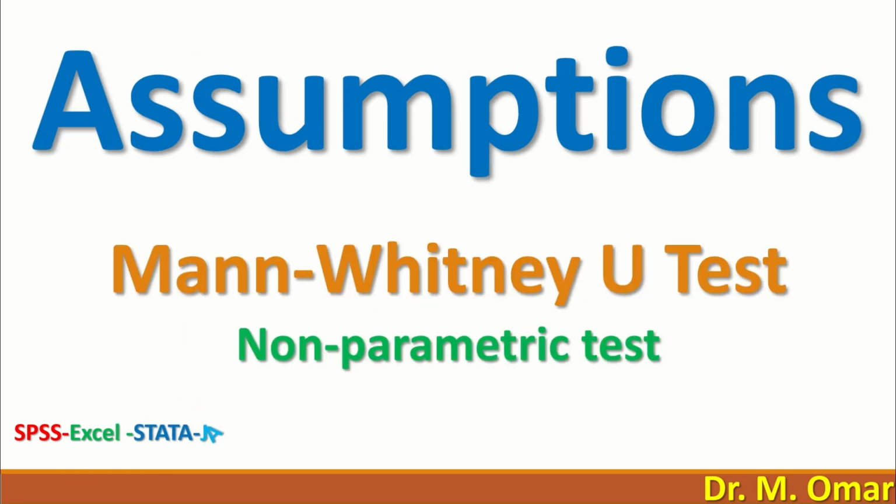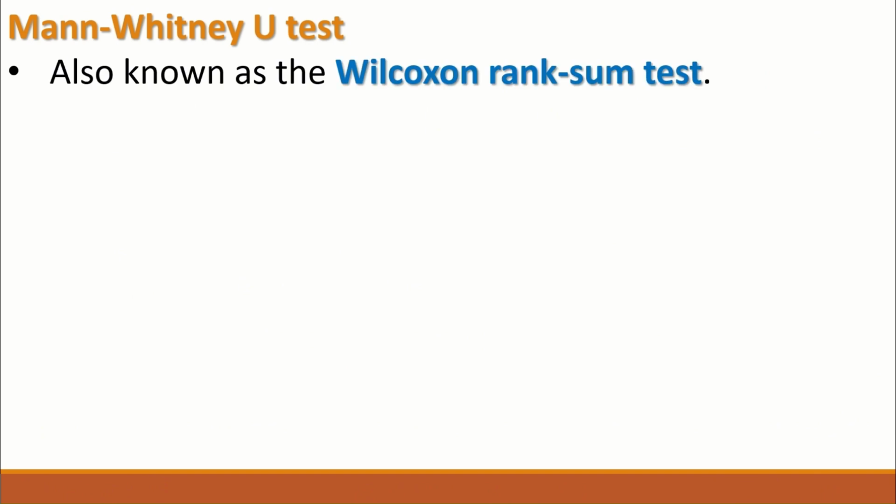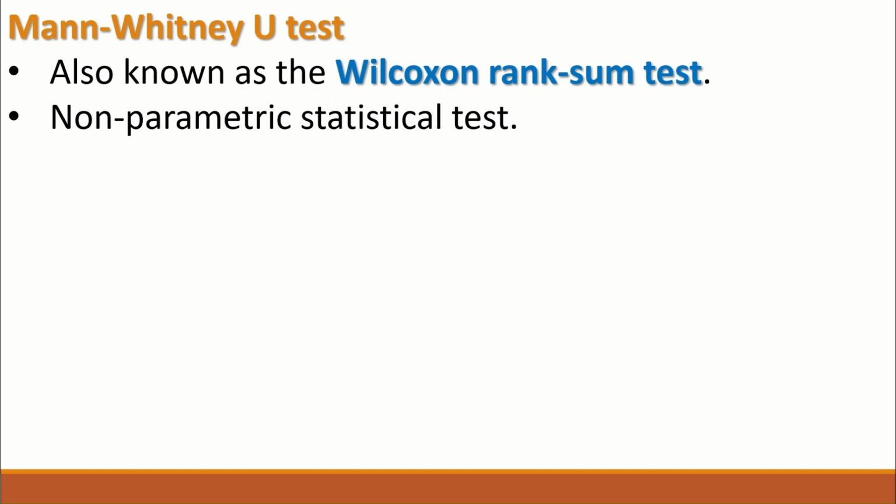Assumptions for Mann-Whitney U test, which is a non-parametric test, a test that is used when the data are not normally distributed. The Mann-Whitney U test, also known as Wilcoxon Rank Test, is a non-parametric statistical test for data that lacks normal distribution.